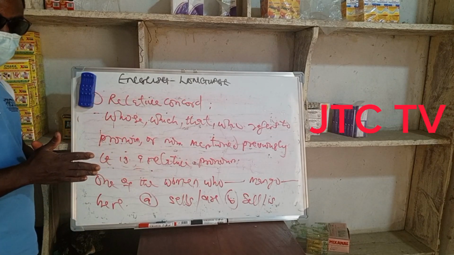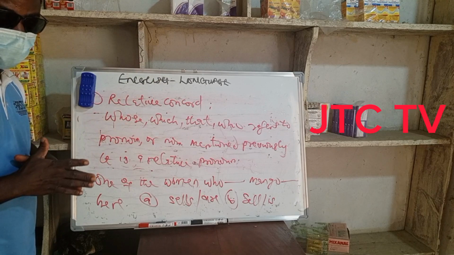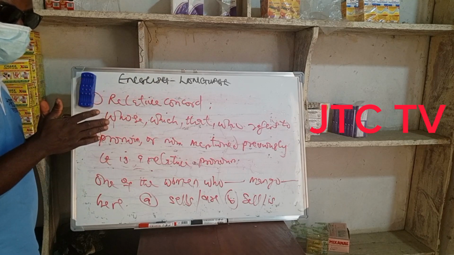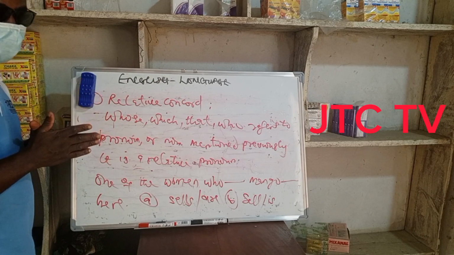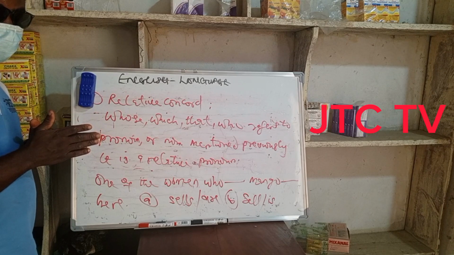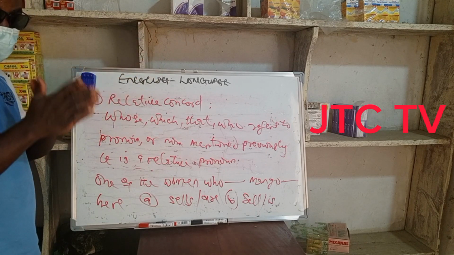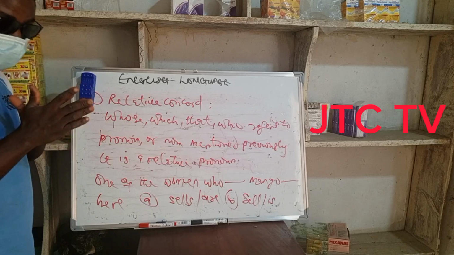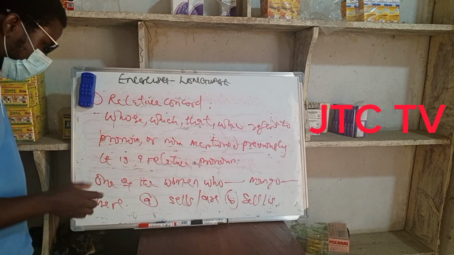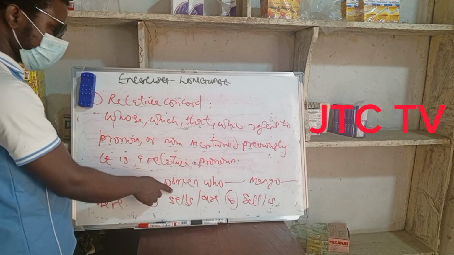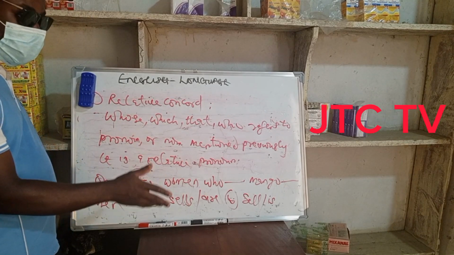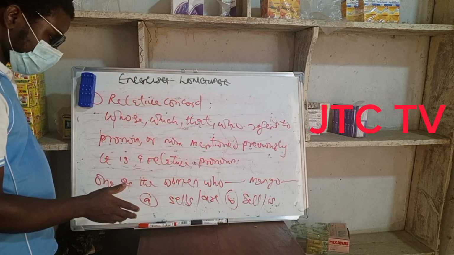Like we have a family and the head of the family, which is the father. The family as a whole is greater than just the single person, the father. So for example, I will have one of the women. Women attracts a plural verb.